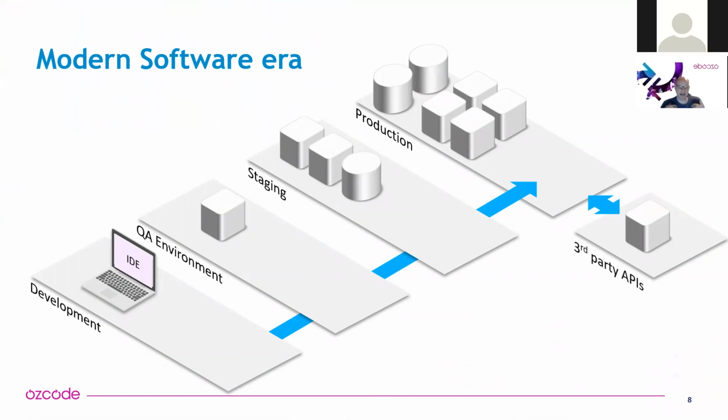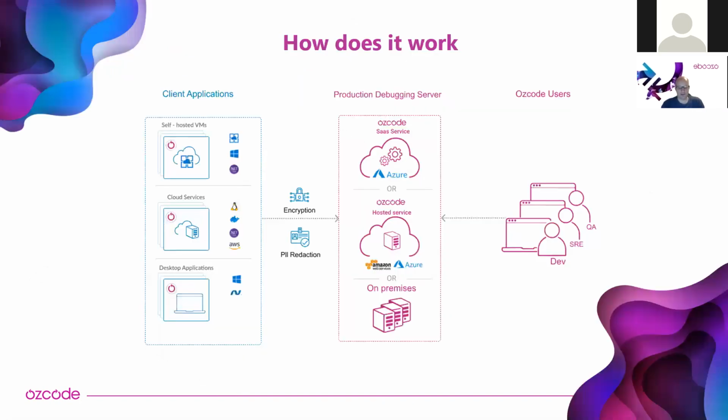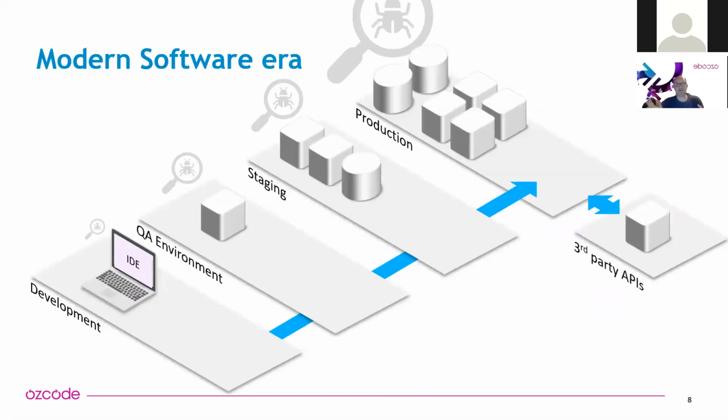The idea is that as I write the software as a developer and it moves across the software development lifecycle, into QA, then staging, and into production, I want a better and better feedback loop. I want to get more insights about what I did wrong quickly so that I can fix the issue before we escalate that deployment to production. Now, what Ozcode Production Debugger does is shift left the observability aspect.